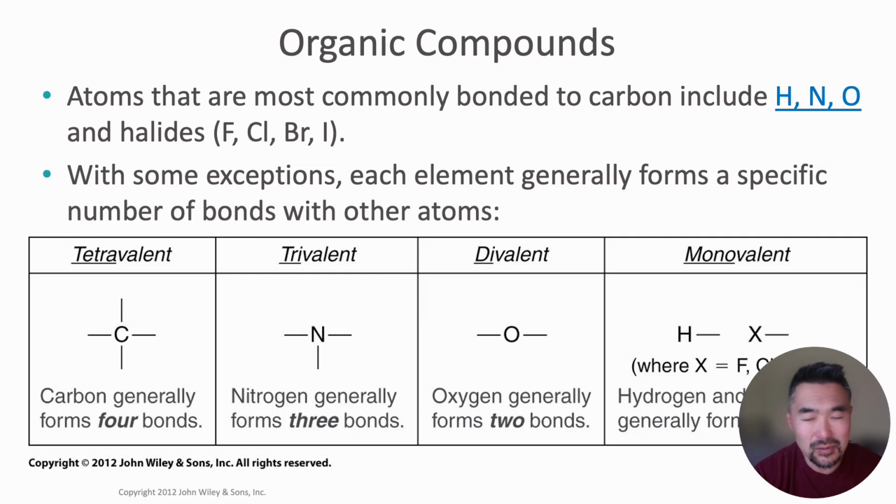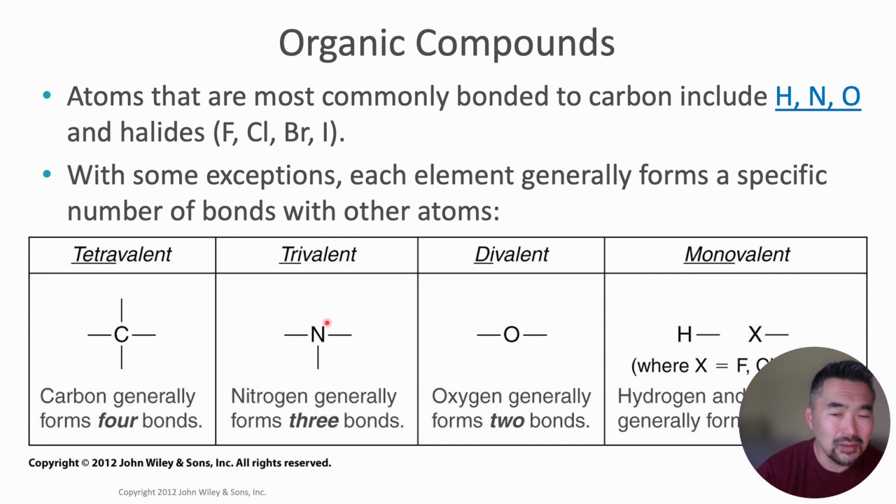I hope that in drawing all these structures, like what's on this slide, it becomes second nature to you that, with some exceptions that we'll look at, each element almost always forms a specific number of bonds. That has to do with the number of valence electrons they carry.